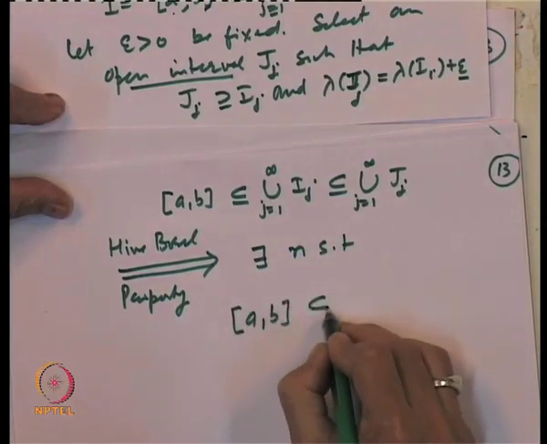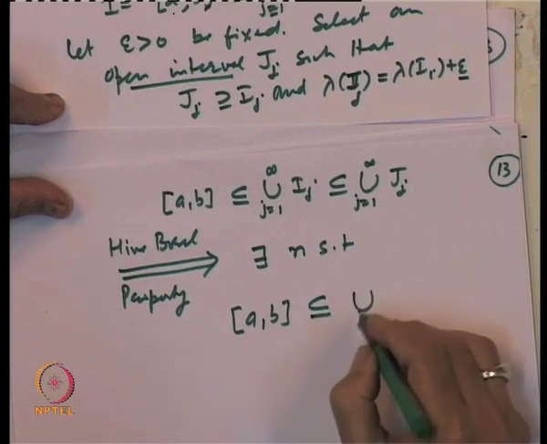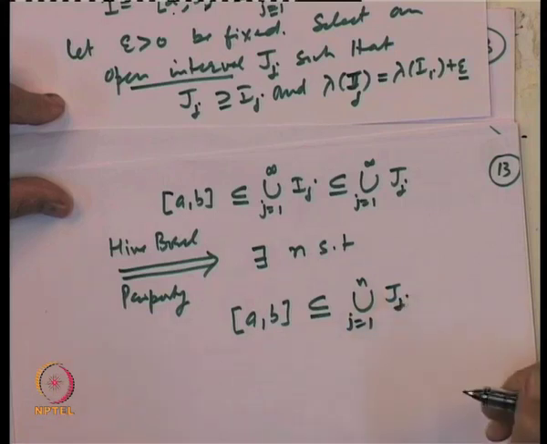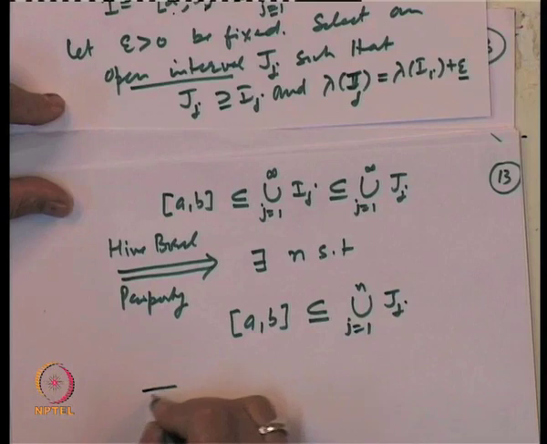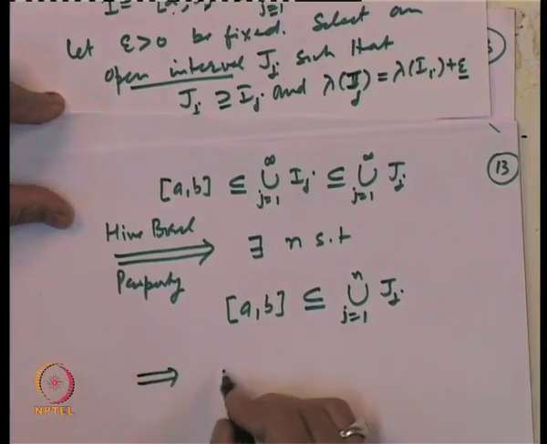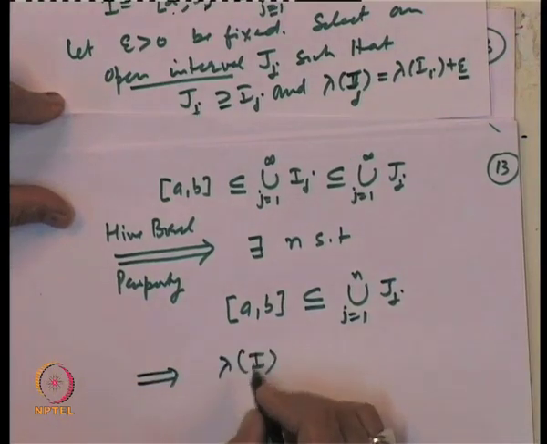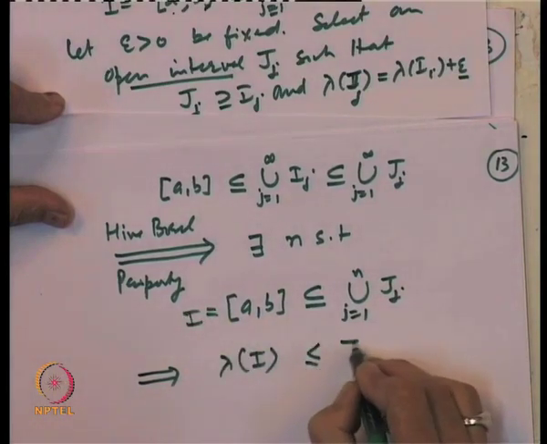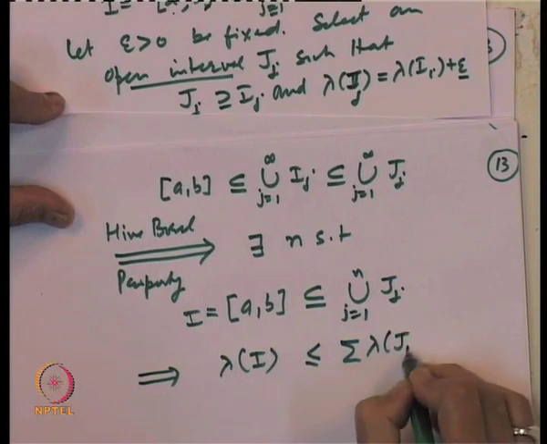So (a, b) will be contained in the union of J_j's, j equal to 1 to n. A finite number of them will cover it. And now this implies, by our earlier case, that the length of I, this was my interval I, is less than or equal to the sum of the lengths of the J_j's, 1 to n.